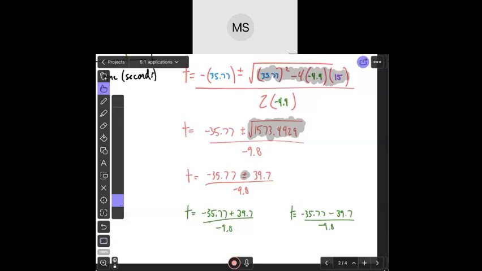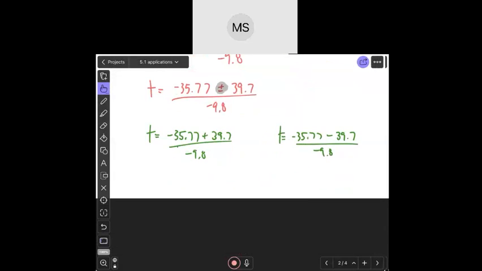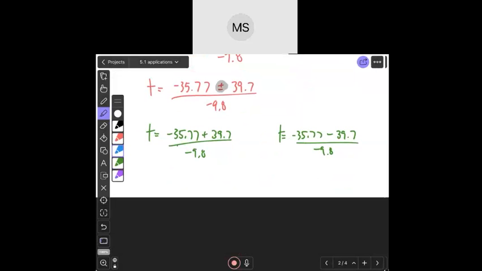Without doing any math, just by looking, what type of number is this?